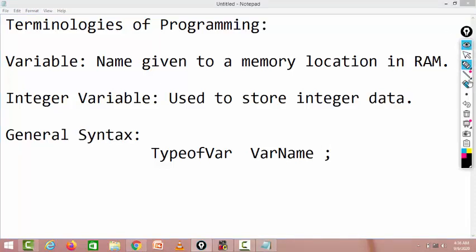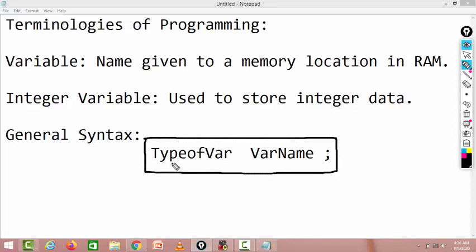This is the general syntax of declaring a variable. How to declare a variable: first you mention the type of the variable, then you give the variable a name.